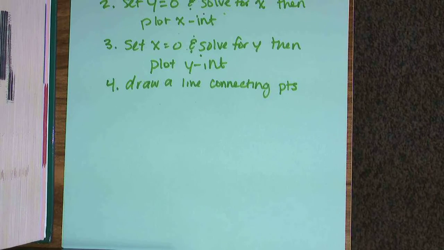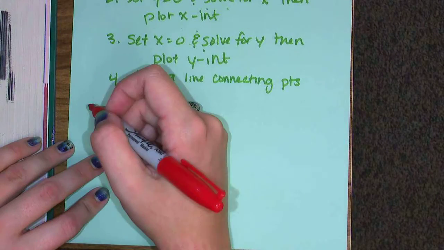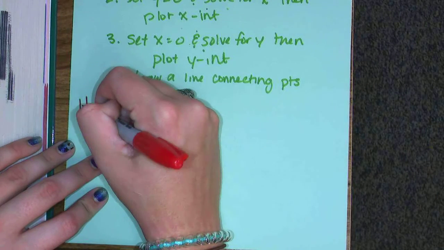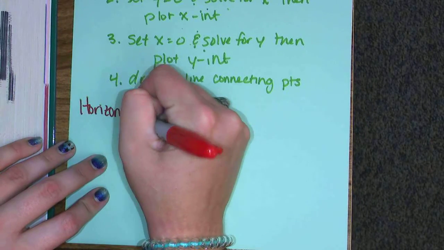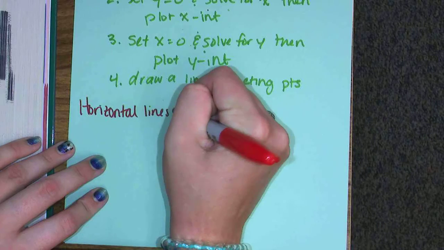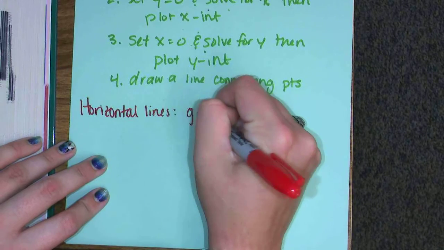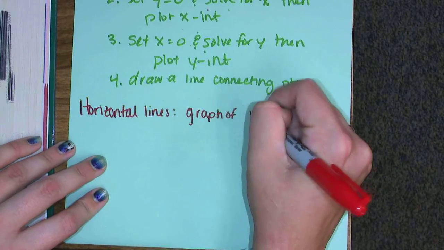And lastly here, the last two things, horizontal lines, graph of y is equal to c.